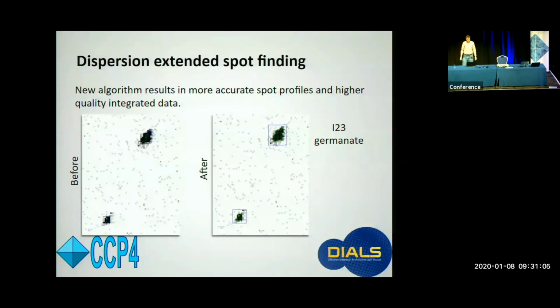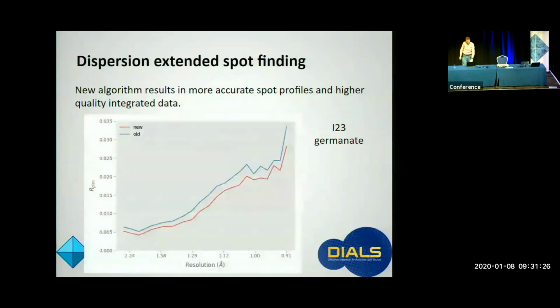So the new algorithm, which is slightly more expensive, does an additional pass through the data and tends to expand the spot shoeboxes to encompass the strong pixels in a better way. It also gives a better background level measure at the spot finding step. So this produces much better integrated data because you're getting more accurate spot profiles.